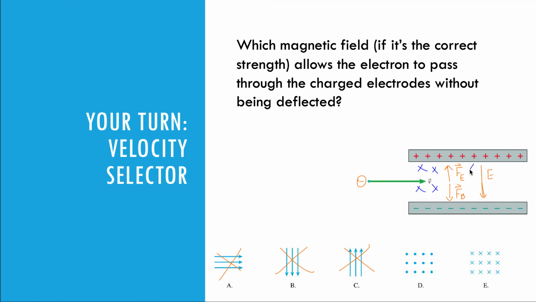Always, when using the right hand rule, always pretend that it's a positive charge, and then just flip your answer, right? So we have a positive charge moving to the right. We fold our fingers into the page. That's going to be a magnetic force upward, that's our thumb direction, on a positive charge. But since this is a negative charge, that means the magnetic force will be downward, which is what we want. So that is the answer for this one. Good practice using the right hand rule and understanding how a velocity selector works.